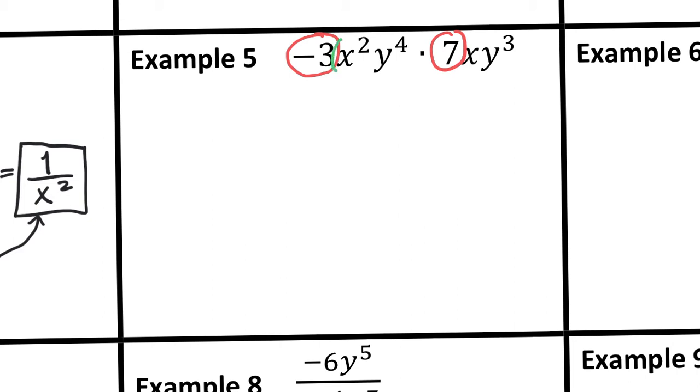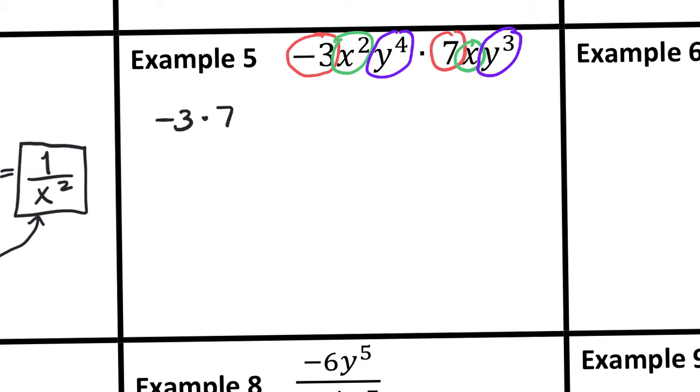I have an x squared and an x. And then I have y to the 4th and y to the 3rd. So they're multiplying. So we know that the numbers are going to multiply. So we're going to have negative 3 times 7.